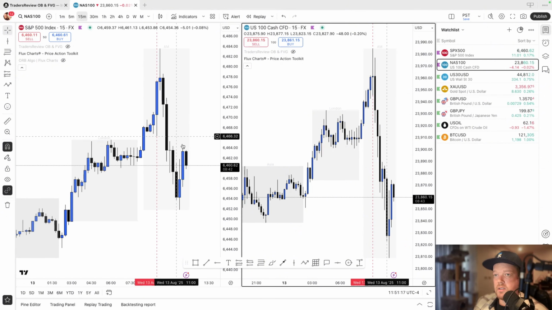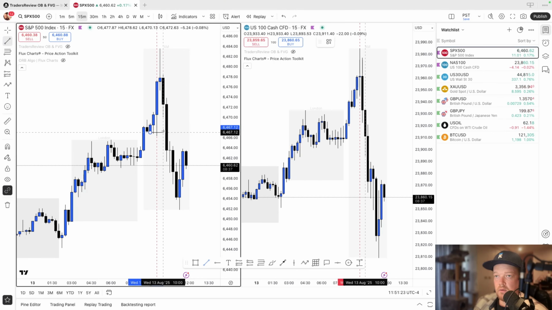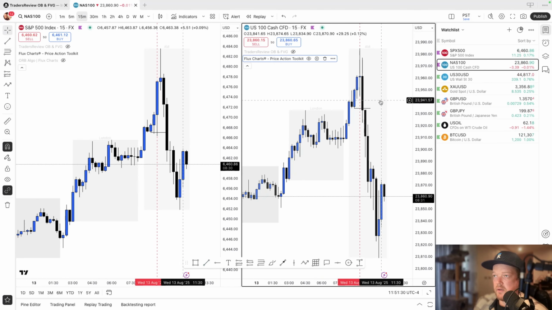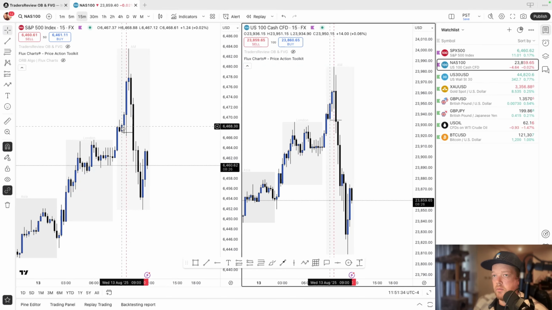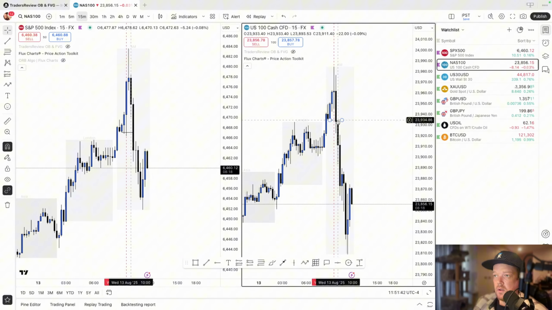So where was our last low on the S&P? It was this one right over here. And where was it on Nasdaq? It was this one right over here. So let's quickly have a look. Both pushed up at 9:45. Nasdaq broke through and we had a break of structure.